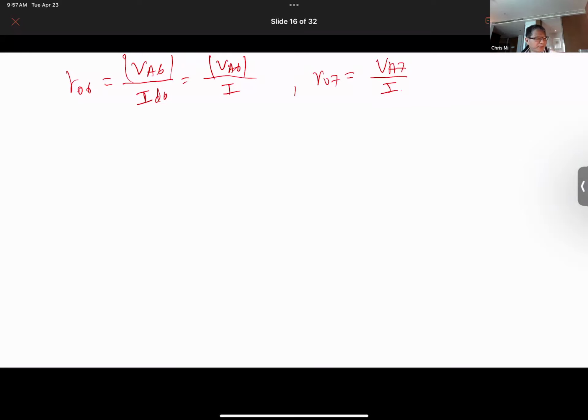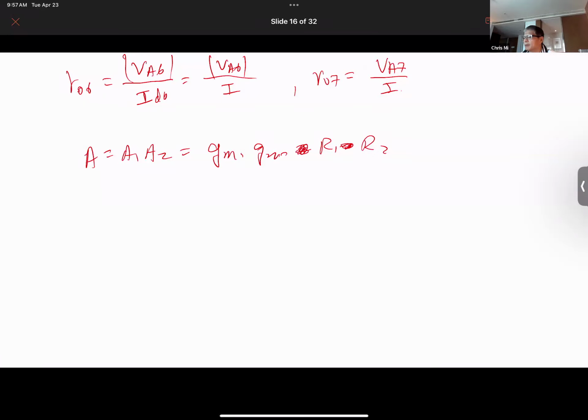So now I can write A1 and A2. We know that A equals A1 times A2, which equals GM1 times GM2 times R1 times R2.